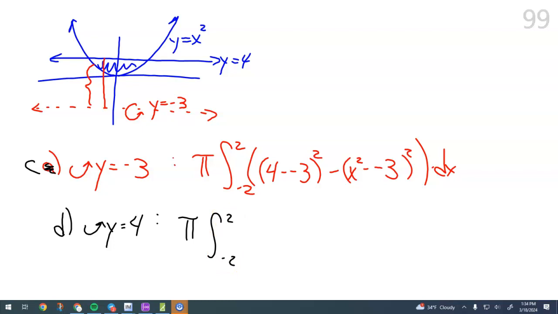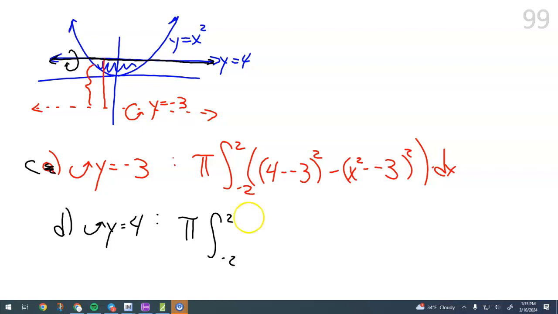When I revolve around y equals 4, I'm flush up against y equals 4, right? So when I revolve around that, the equation that's closer is on the line. It's literally right there. So what you put here in the second part is going to be 0. Because you're not subtracting anything, because there's no middle.